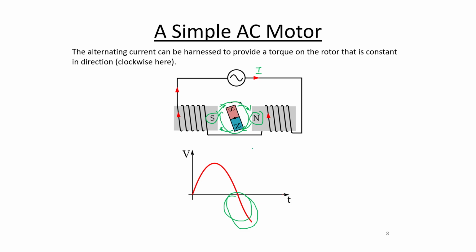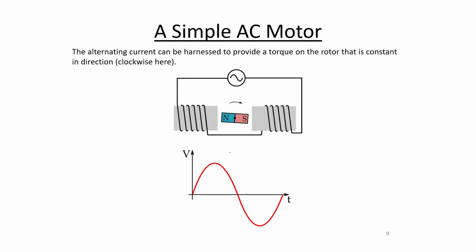So remember that we had to have a commutator with a DC motor to get that kind of switch. Well, here with our permanent magnet on the rotor, we switch our poles for free, quote unquote, because of the oscillating current given to us by the oscillating voltage of the AC source up here. Okay.